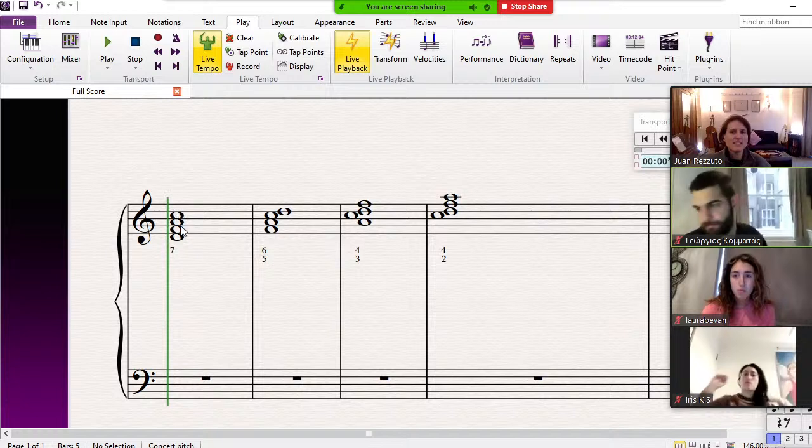Why? Because 7 doesn't appear in the rest of the inversions. So it's the only one, just put 7. We understand that it's 3, 5, 7. In the 6-5, the same thing: 3, 5, 6. The 4-3 was 3, 4, 6. And in this case, it was 2.